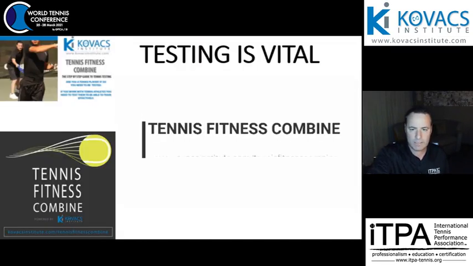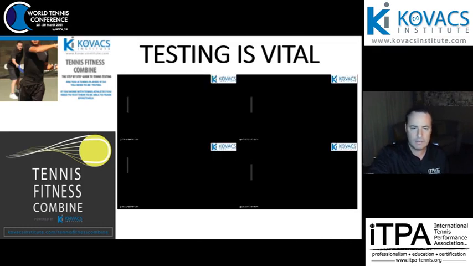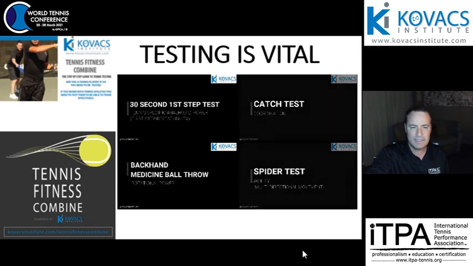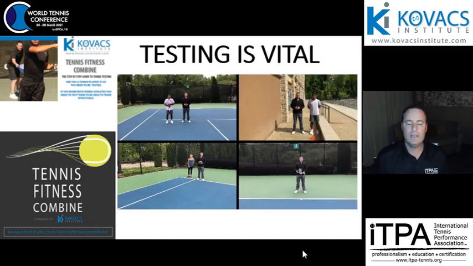So from a combine standpoint, one of the things we want to talk about here is making sure that you know how to test. As we say, testing is vital. So with what we do, we want to have benchmarks for everything.